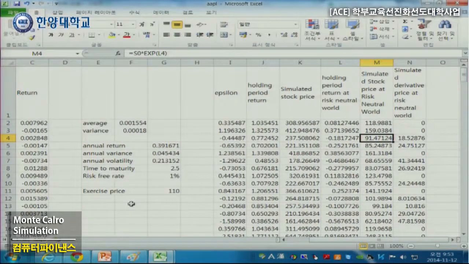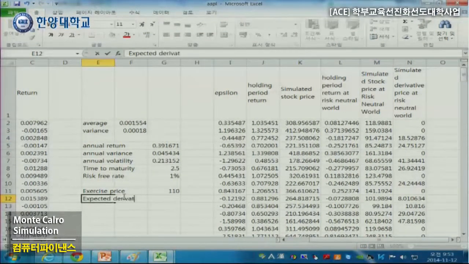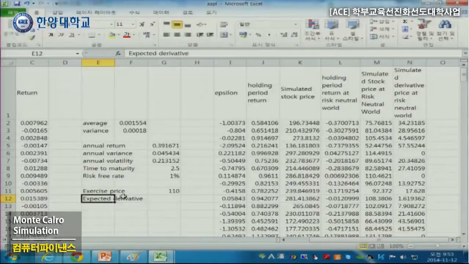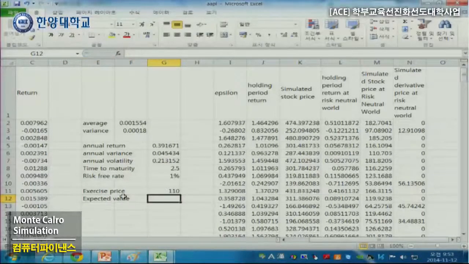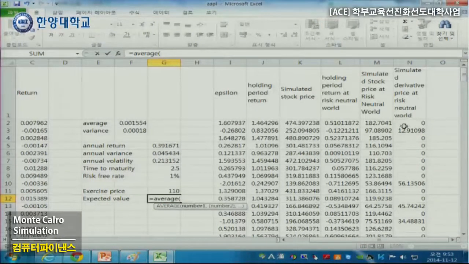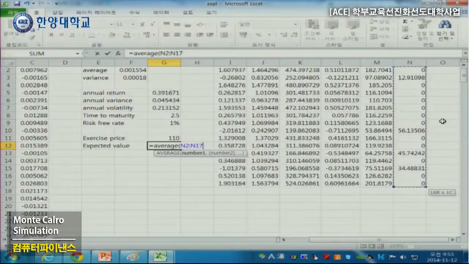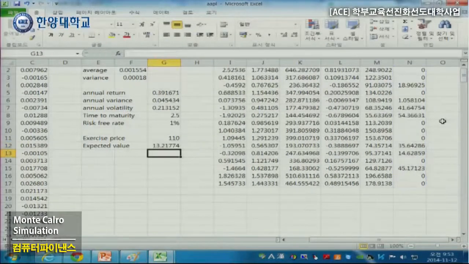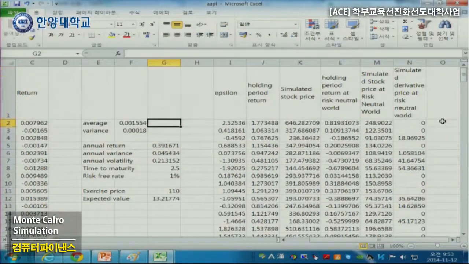So then, what is the expected derivative price? So E^Q, the expected value. The expected value is the average, because of the law of large numbers, the average converges to the expectation if we have a very large sample, right?